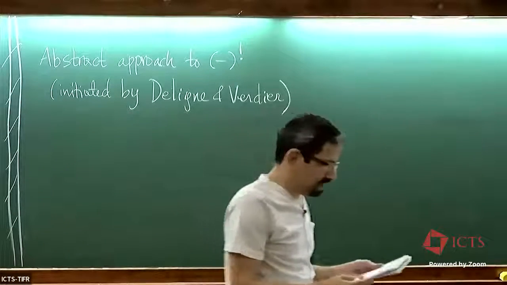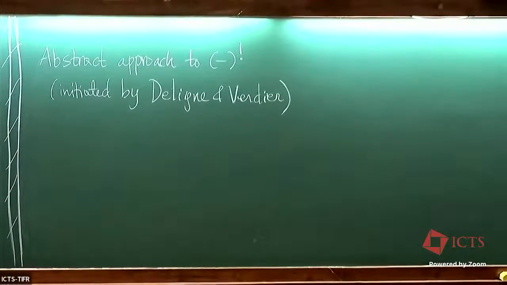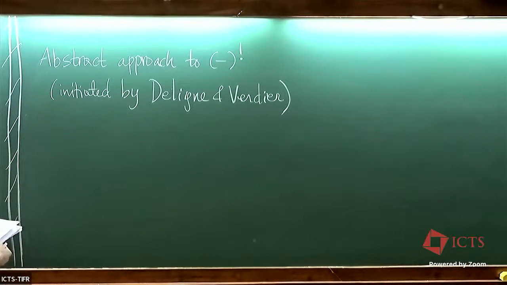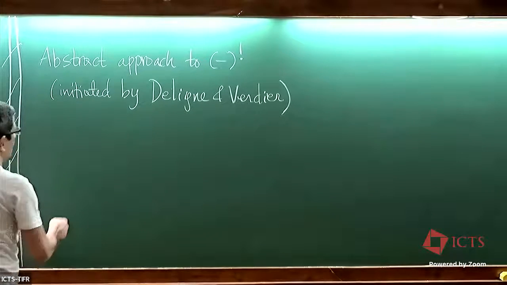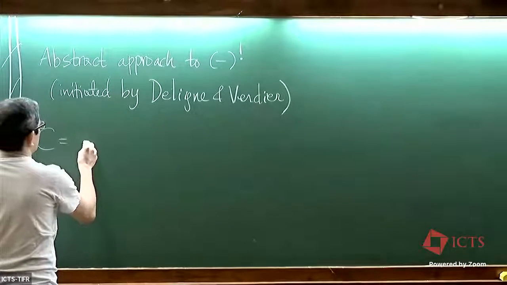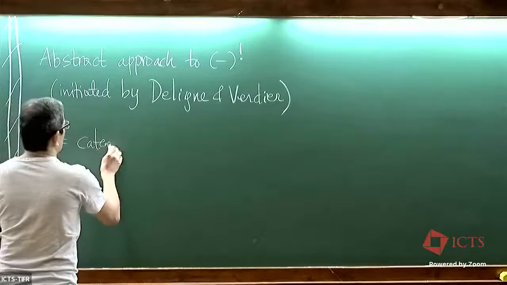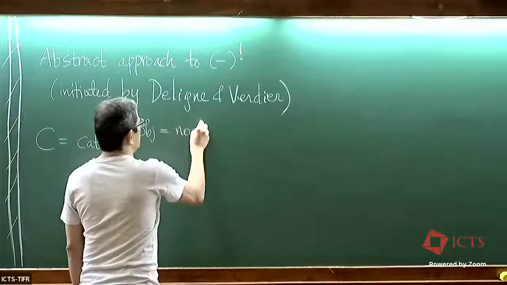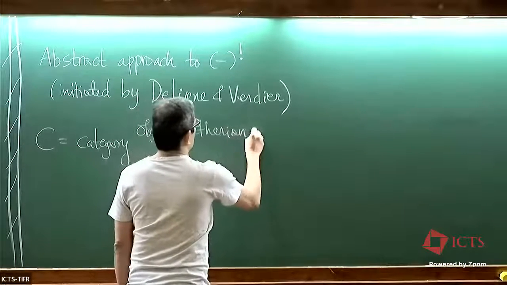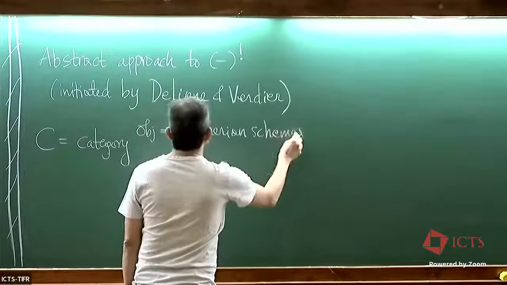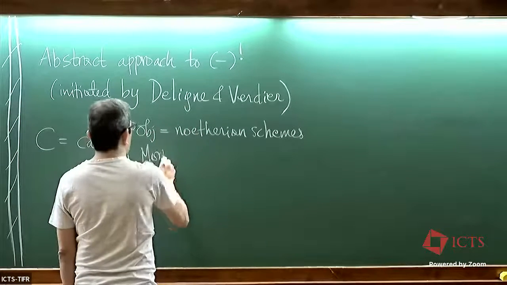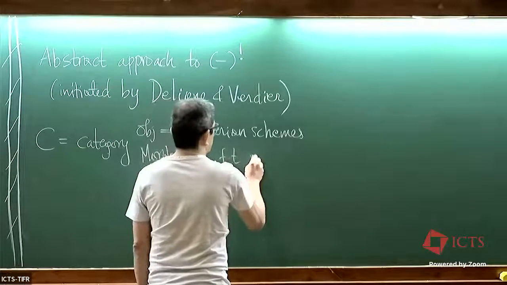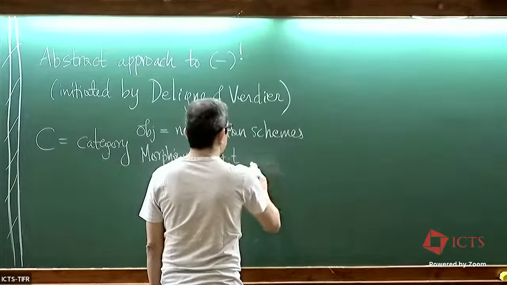What I'll do is briefly mention the main results, and of course there's no way we can talk about the proofs. So here C is, again, just to remind you, the category whose objects are Noetherian schemes and morphisms are finite type maps which are separated.